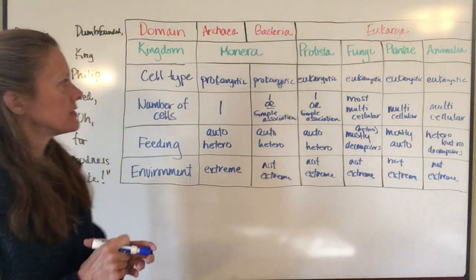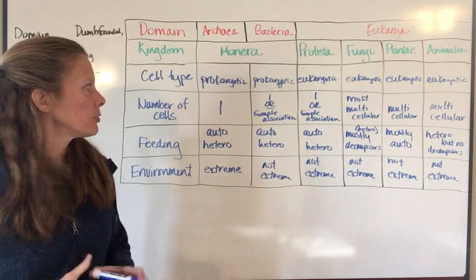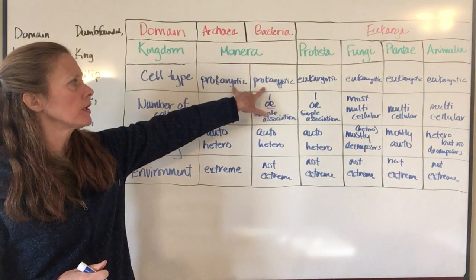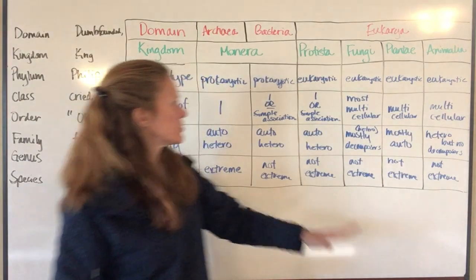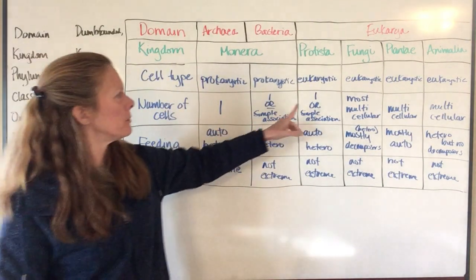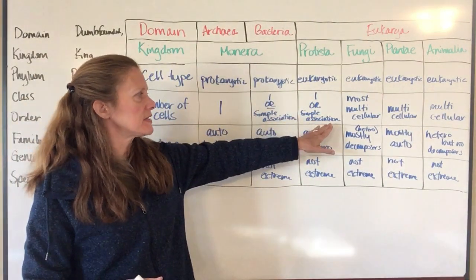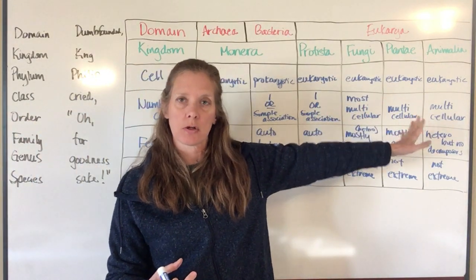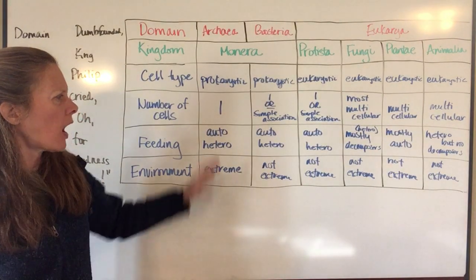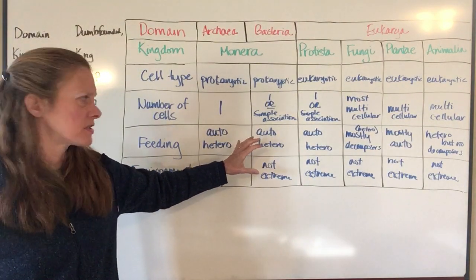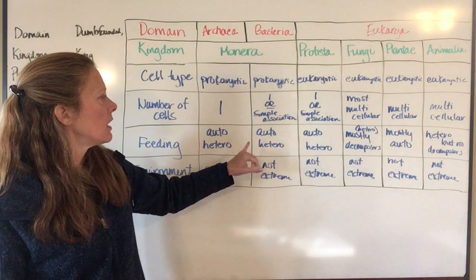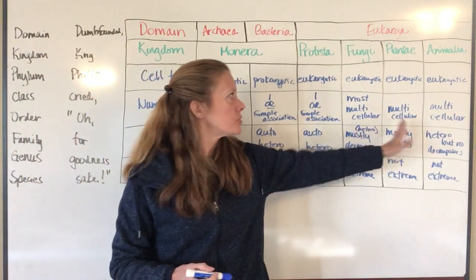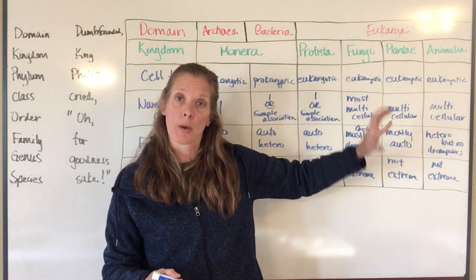Okay, so now you can see the various categories here that we've got filled in. Prokaryotic cells only in kingdom Monera, eukaryotic cells for everything else. The first three, Monerans and Protistans, are one-cell organisms, where most of the organisms in the others are going to be multicellular. Autotrophics and heterotrophics are going to be mixed in the first three, whereas once you get up to the fungi, plantae, and animalia, they're more separated.